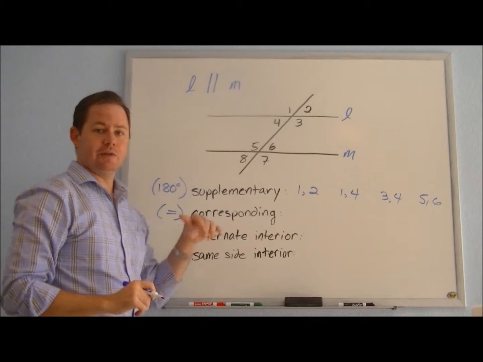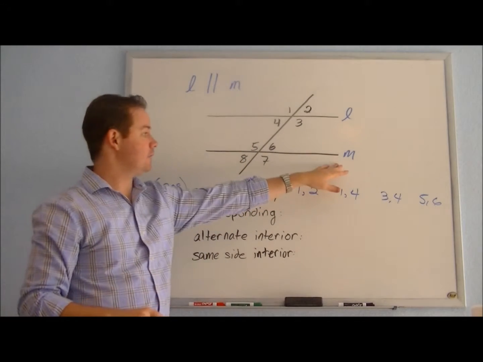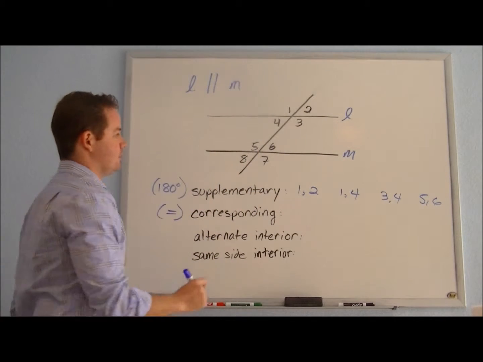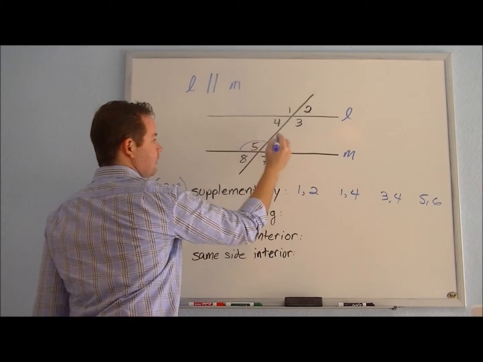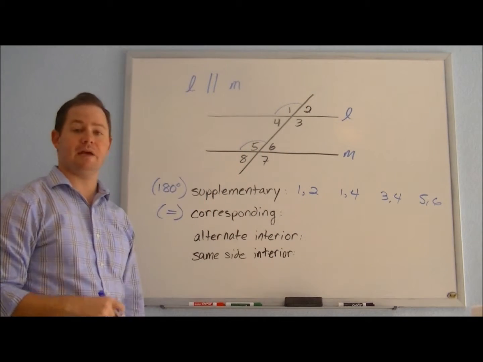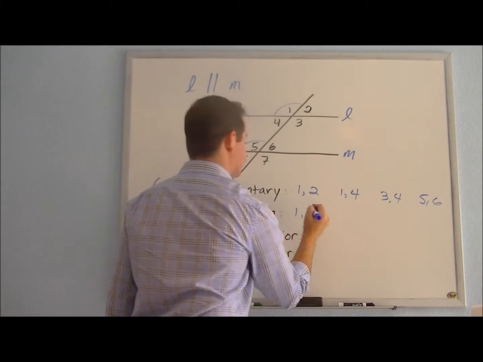So another angle that is above the corresponding parallel line, line M, and to the left of the transversal, that's going to be angle 5. So angle 5 and angle 1 have equal values, and those are what we refer to as corresponding angles.